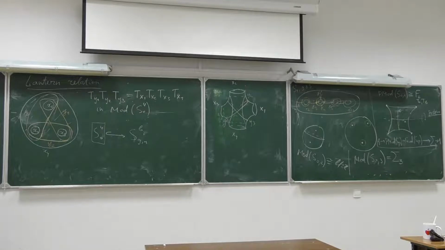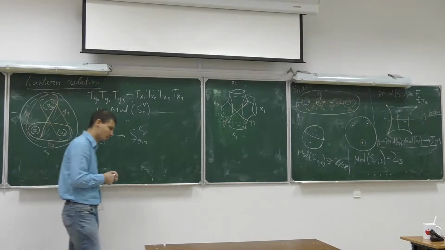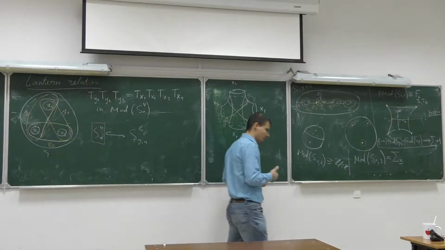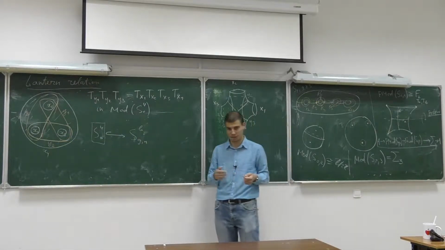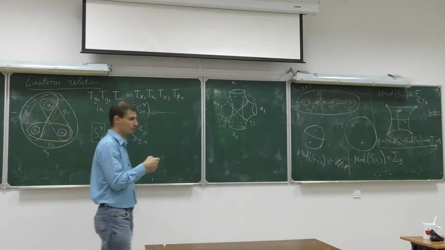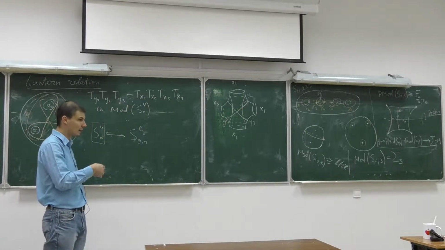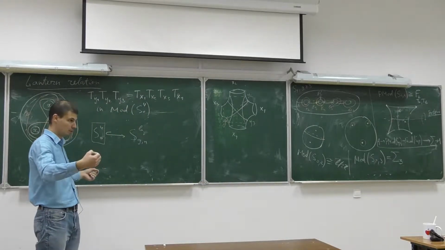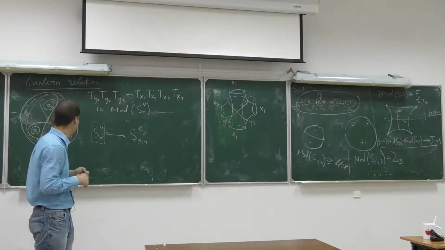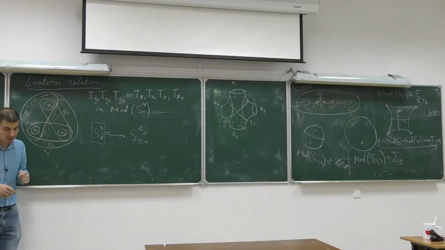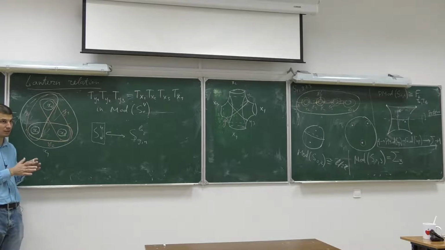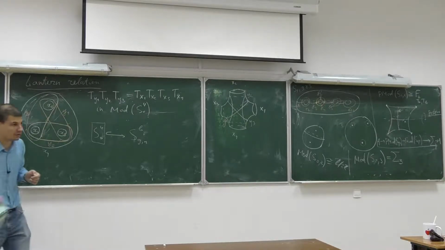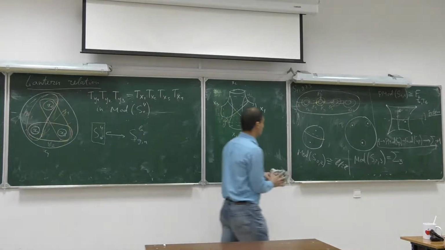But since the surface has boundary, we need to apply it in a modified form, when we consider not only simple closed curves but also simple arcs connecting boundary components. Namely, let us find here 3 simple arcs, the union of which fills the surface. It is not hard.